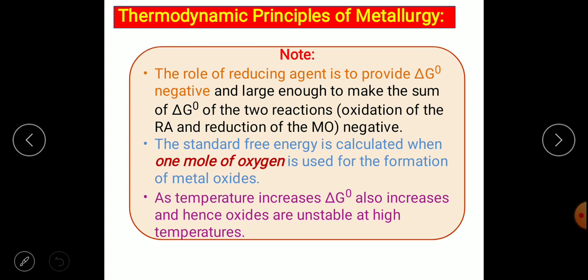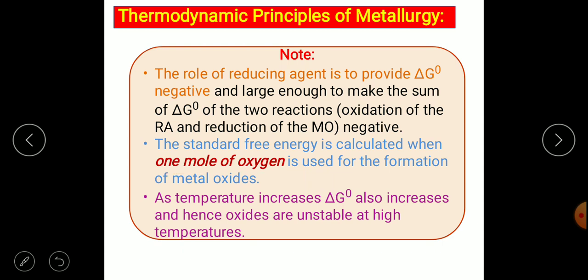The standard free energy is calculated when 1 mole of oxygen is used for the formation of metal oxide. As the temperature increases, the delta G naught value also increases and hence oxides are unstable at high temperature.